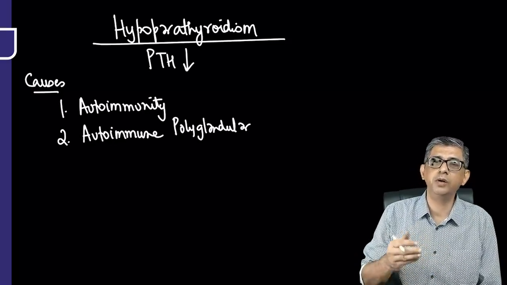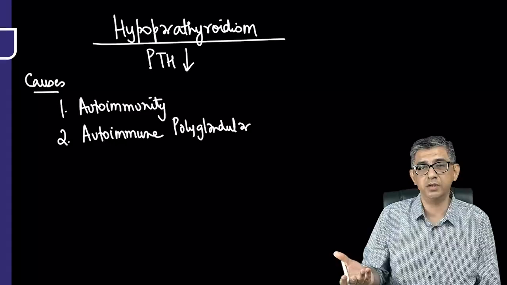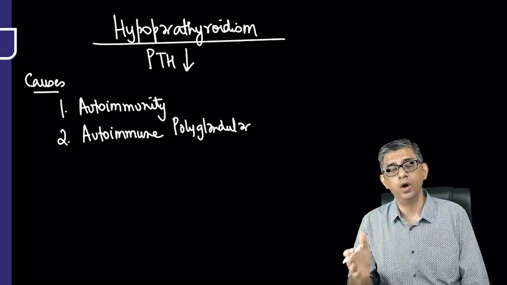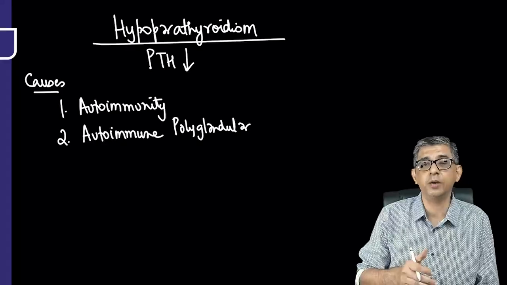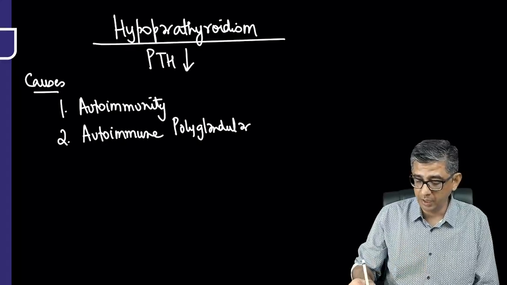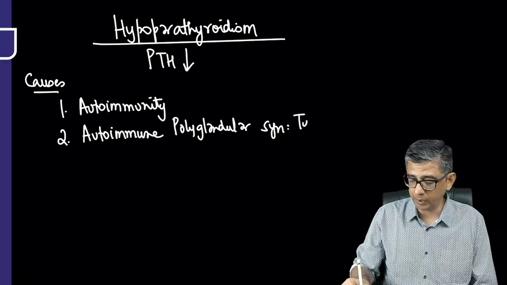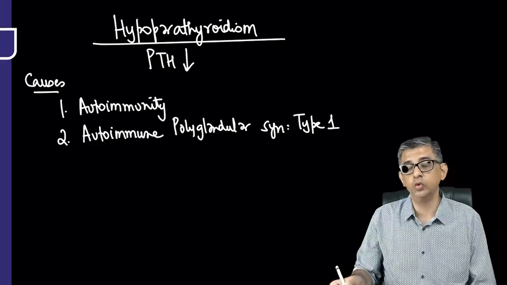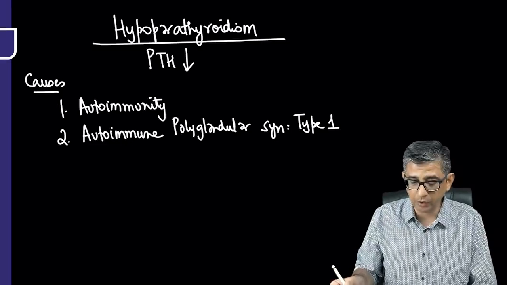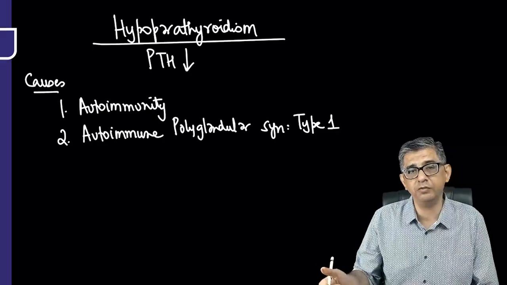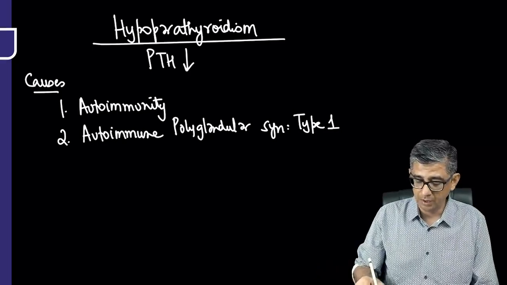Here I'm saying multiple endocrine glands can be affected simultaneously. So you could have a combo of Addison's disease and hypoparathyroidism developing in a patient, like I'm teaching you at the moment, autoimmune polyglandular syndrome type 1. In this condition, you could have concomitant Addison's disease manifestations in a person as well.